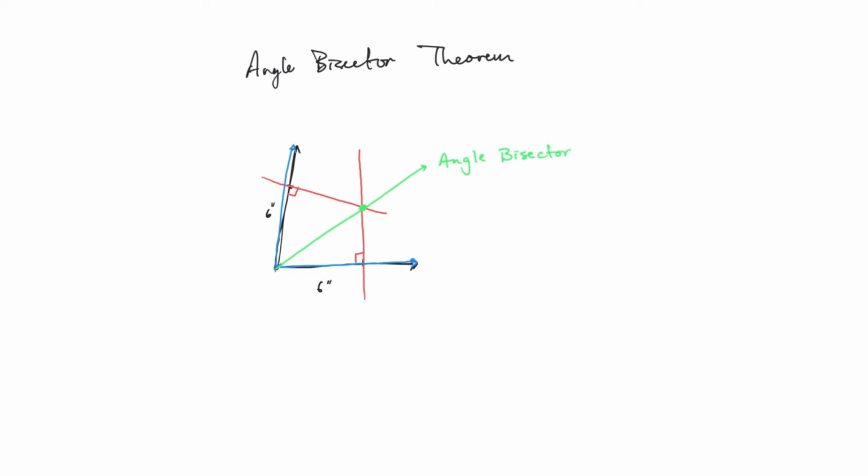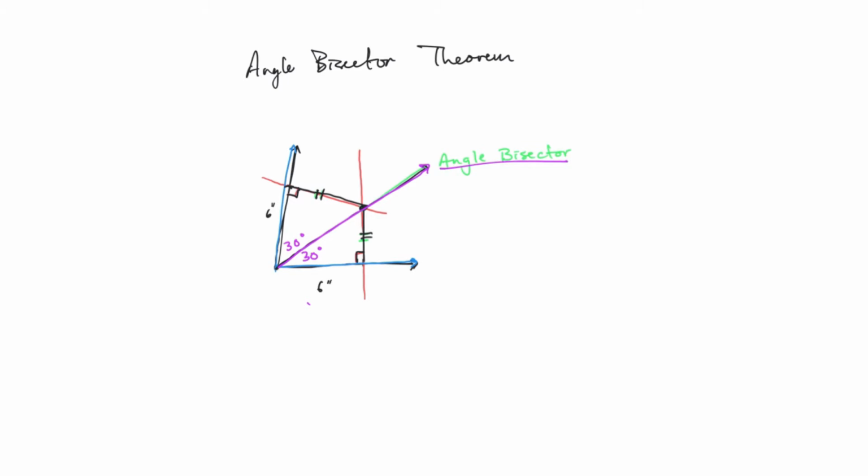If it's drawn properly, these two lines, which I call congruent perps, are two perpendicular segments of equal measure from a point on this line, so we can say these two angles are equal because this is an angle bisector.